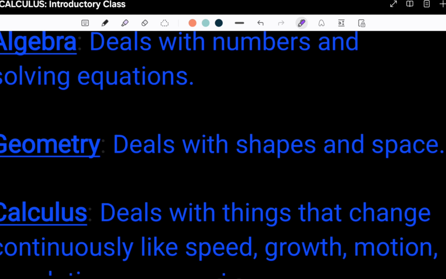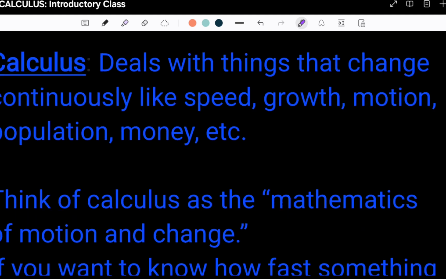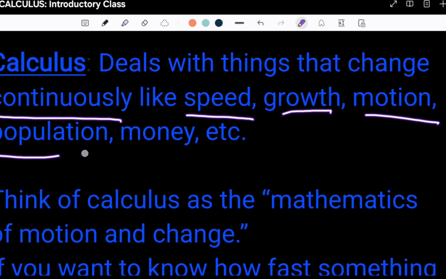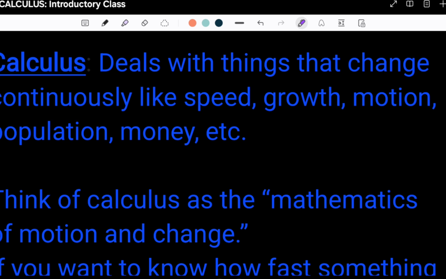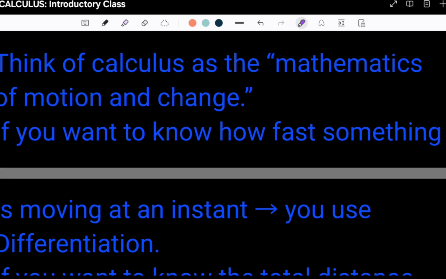While algebra deals with numbers and solving equations, and geometry deals with shapes and space, calculus deals with things that change continuously, like speed, growth, motion, population, money, etc. You can say that calculus is the mathematics of motion and change.